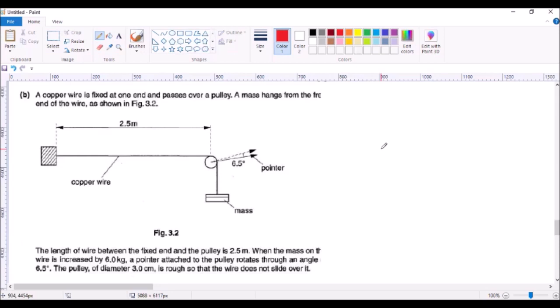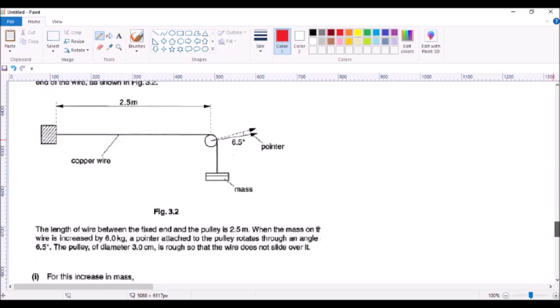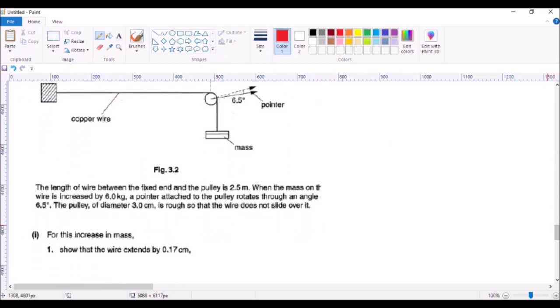The pulley has a diameter of 3 centimeters and is rough so that the wire does not slide over it. First, for the increase in mass, show that the wire extends by 0.17 centimeters.